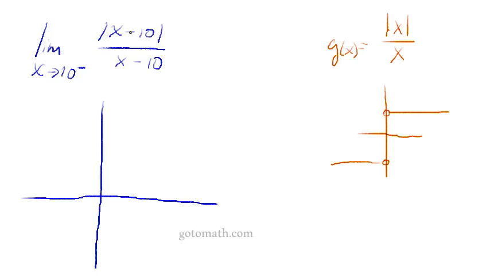But because this is x minus 10, this graph is being shifted to the right 10 units. So we're going to say this is 10 right here. Now, this graph is not to scale, okay? It is definitely not to scale, because we know that this right here is going to be a 1.